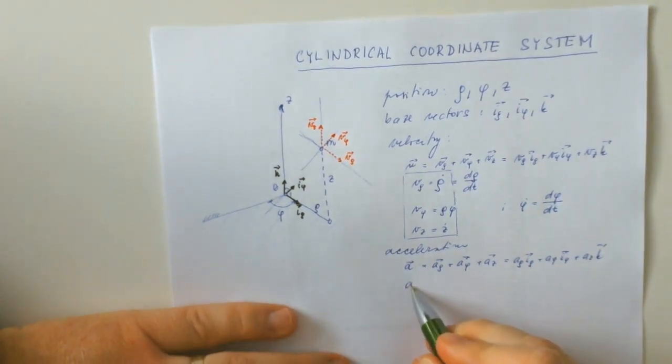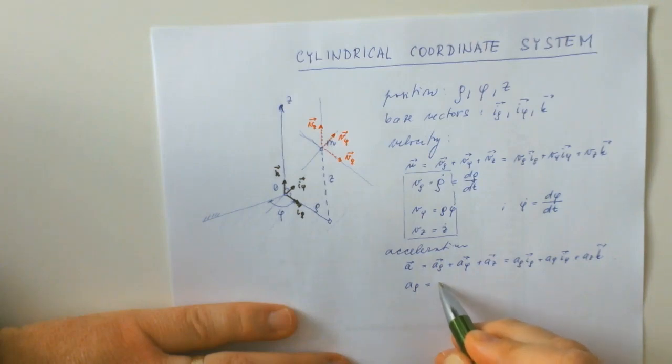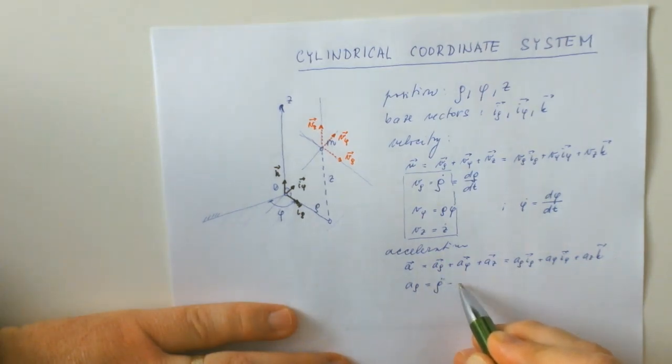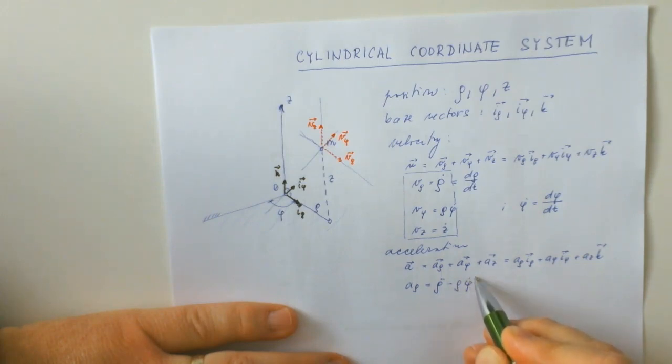And these components are defined like this. So a rho is rho with two dots minus rho phi dot square.